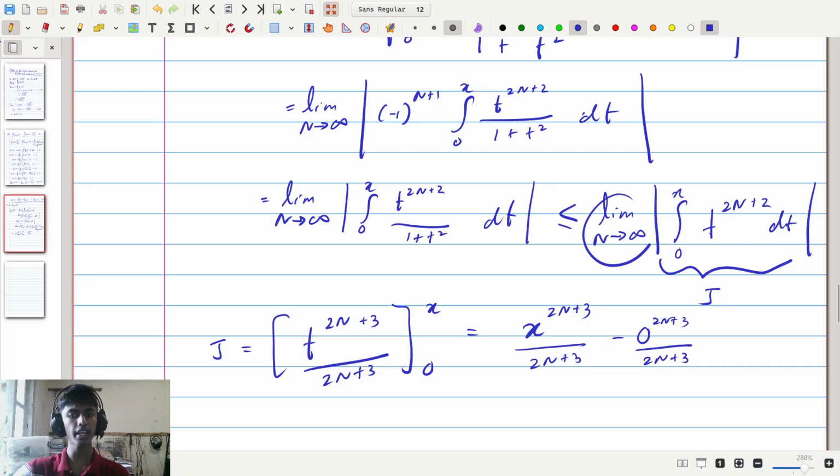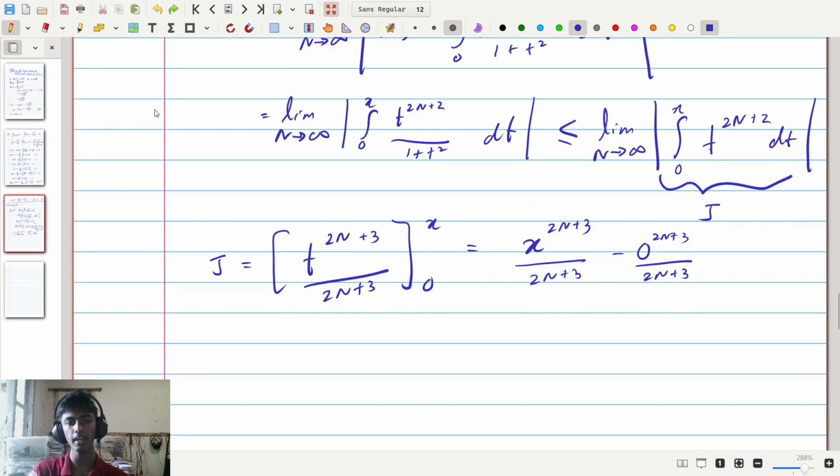Now here, since n is tending to infinity, we're never going to have this thing being equal to 0, so that's not an issue. So therefore, this whole term here is 0 to some non-zero power divided by some non-zero value. Therefore, this is going to be equal to 0, which means we can ignore it. Therefore, the value of j is x to the power of 2n plus 3 divided by 2n plus 3.